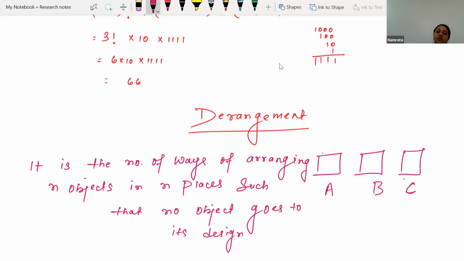Are you understanding the meaning of the sentence which I was telling you? Okay. Such an arrangement we will do so that nobody will be able to go to his designated place.